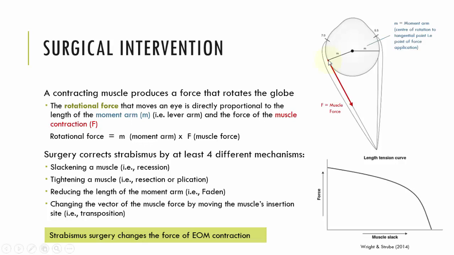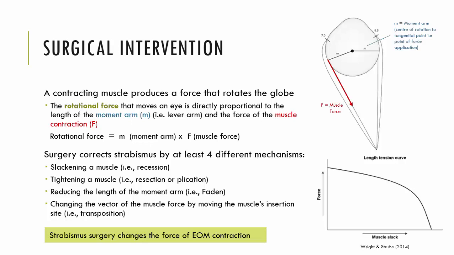One is the muscle force, which is depicted here by the arrow, and the other is the moment arm or the lever arm, which is reflected by the distance between the tangential point here and the centre of rotation here.